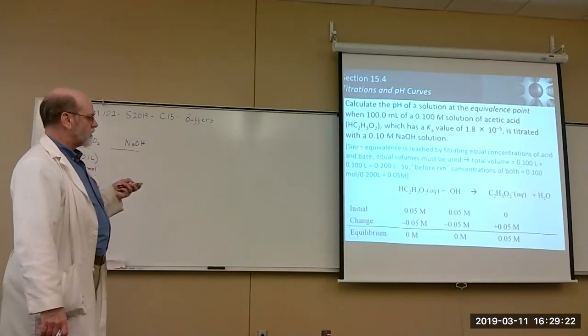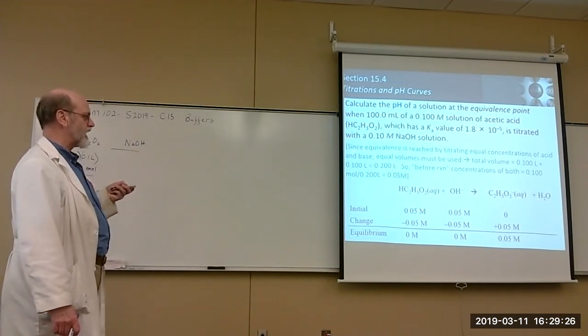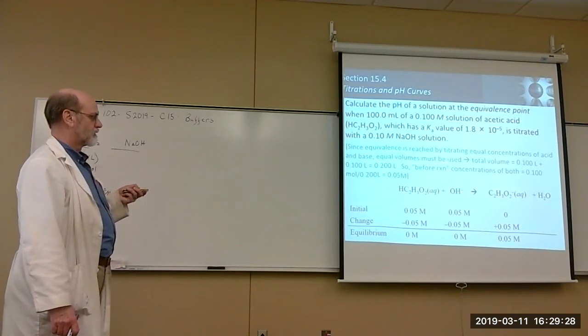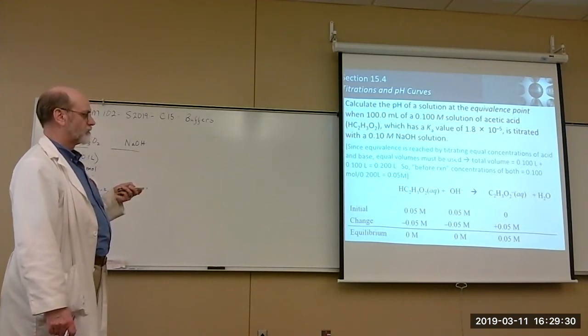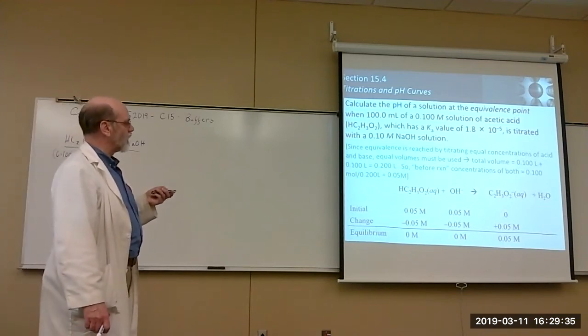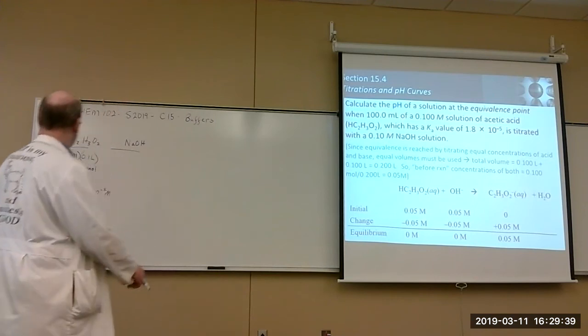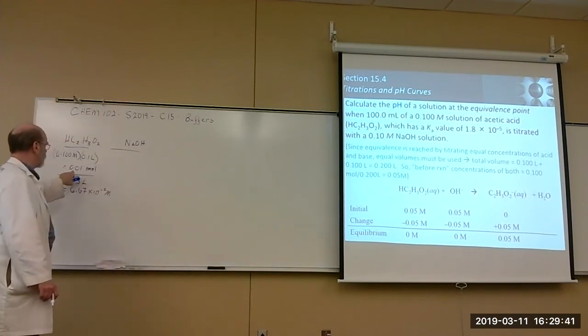So the equivalence point is that point at which equal amounts of acid and base are there. So, in other words, we're going to have to find out how many moles of acid are there. We did that up here, 0.01 mole.